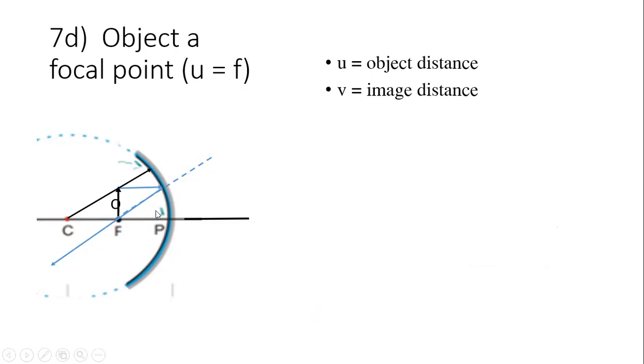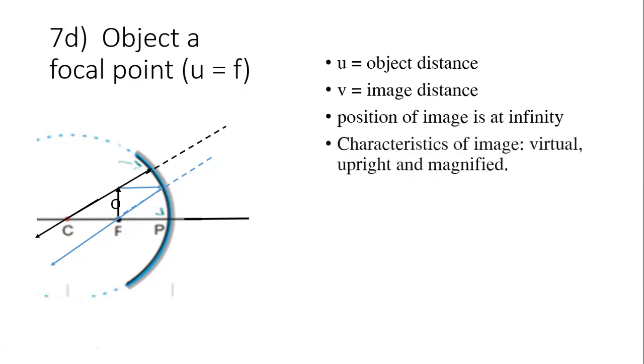Then the next ray is from the center of curvature, reflected backwards after reflection, and produced backwards. So these two rays are parallel. Position of image is at infinity. Virtual, upright, and magnified. Used in torchlight and car spotlight.